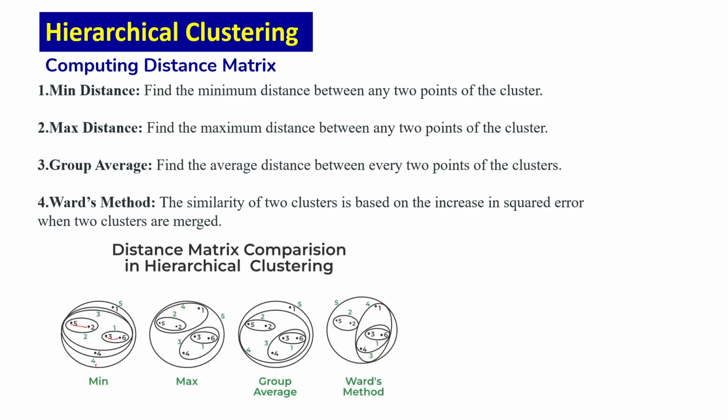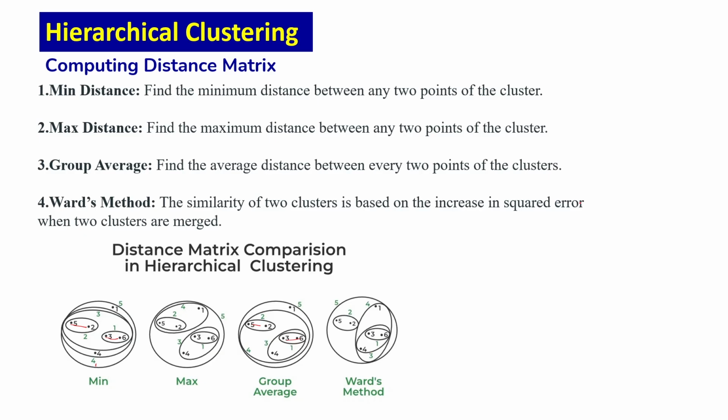You can also calculate the maximum distance principle: find the maximum distance between the 2 points of the clusters to split them out. One can also find the group average, that is the average distance between the points of the clusters. You can always calculate distances and take the average. And finally, you can use the Ward's method, which merges 2 clusters based on the increase in the square error when the clusters are merged.